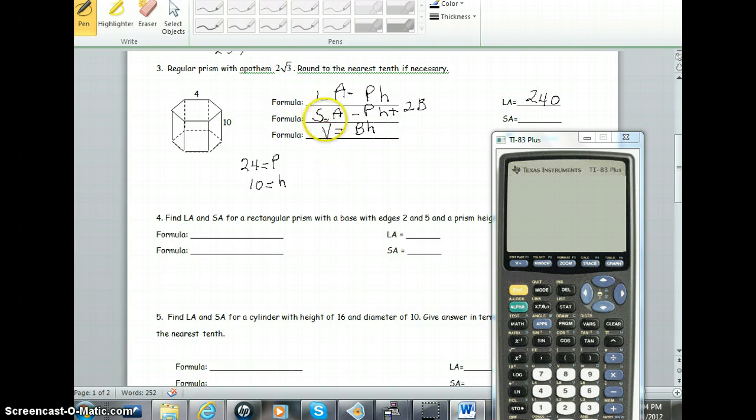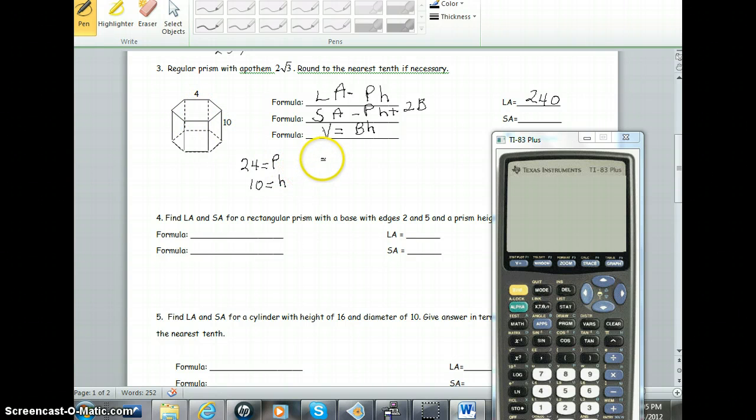Now, the surface area is equal to P times H plus twice the bases. How do we find the area of the base? The area of the base means the area of the top of this figure and the bottom of this figure. The shape is a regular hexagonal prism.